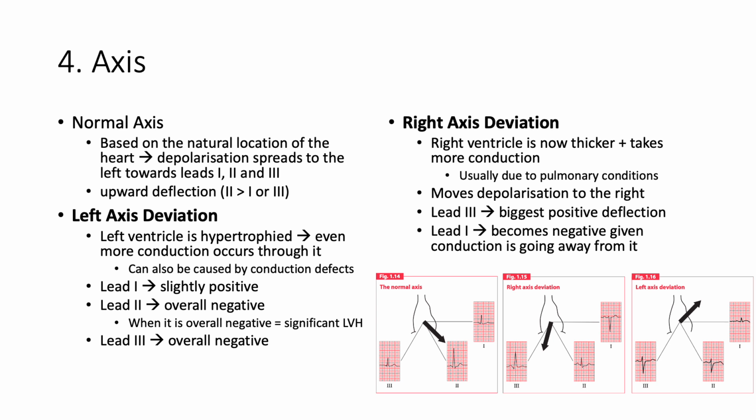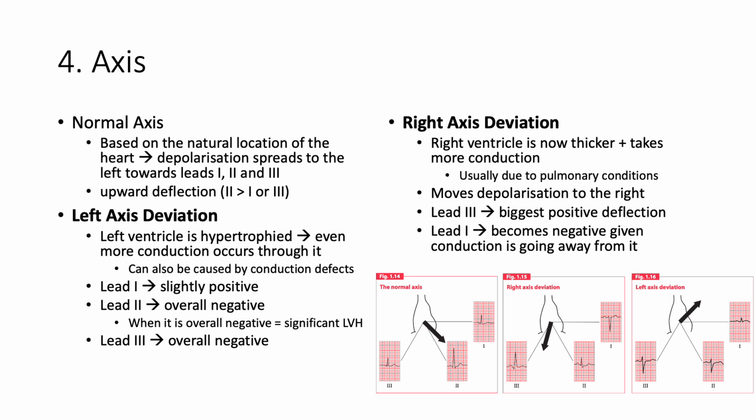So from here, it's moving this way, but if you have a right axis deviation, it's moving towards the right, and if it's left, it's moving towards the left. And you can see the corresponding ECG changes here, which I've also listed here. So in a left axis deviation, lead 1 will be slightly positive, and lead 2 and lead 3 will pretty much be negative.